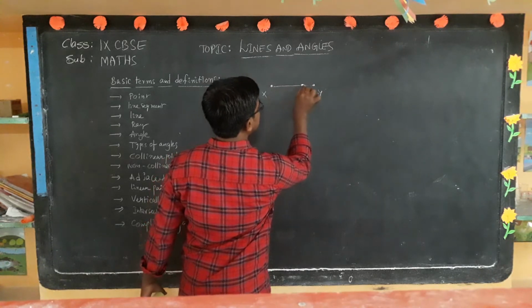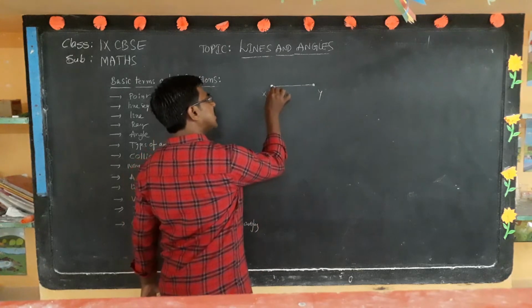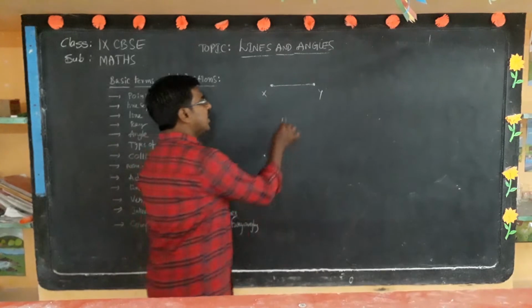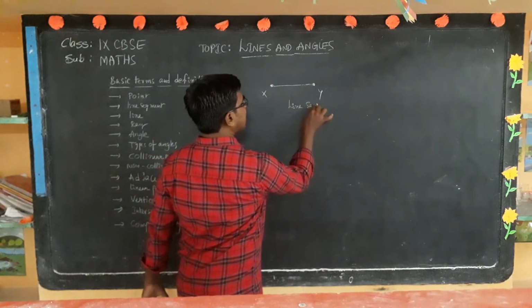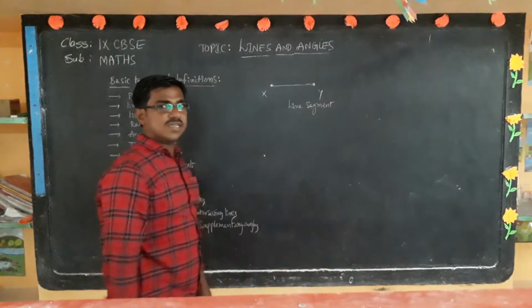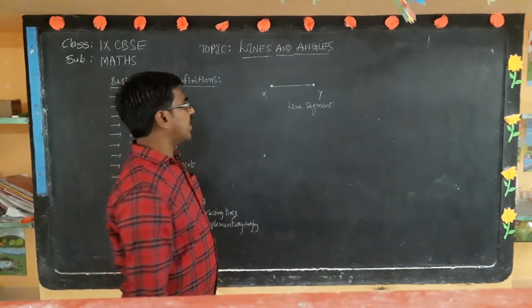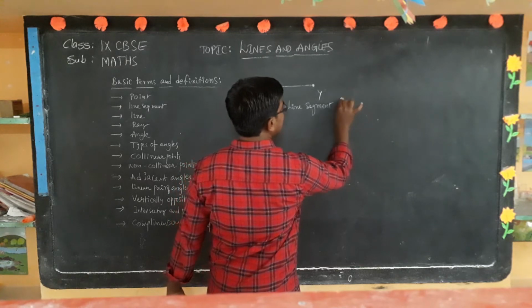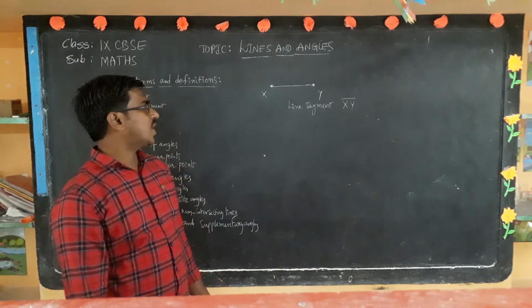The distance between these 2 points, including the endpoints X and Y, is called a line segment. It is denoted as XY bar.